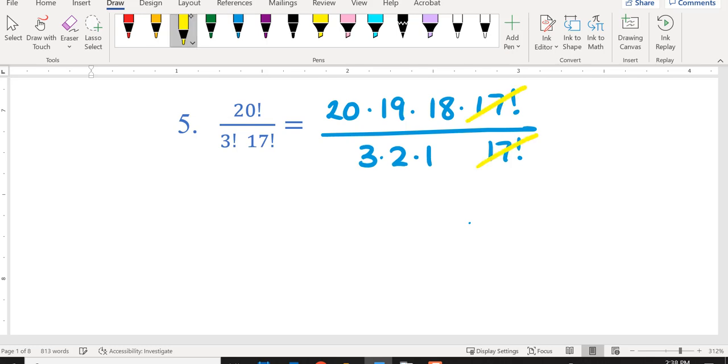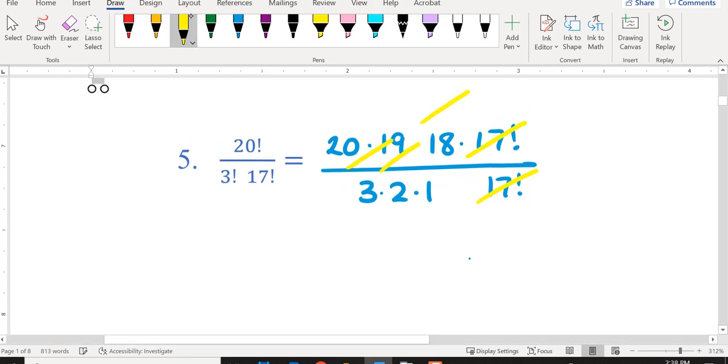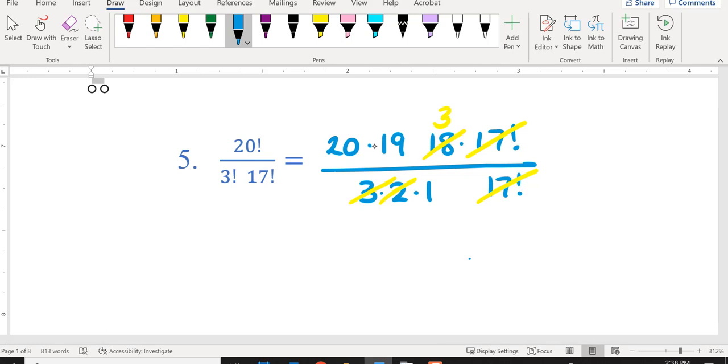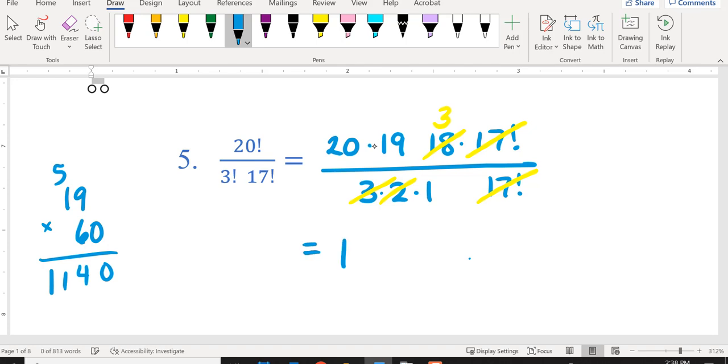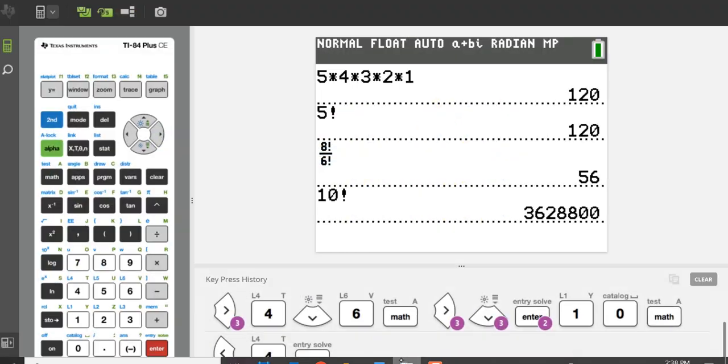The 17 factorials are gone. 3 times 2 is 6. 6 will go into 18 3 times. So I really have 20 times 19 times 3. Well, that's 19 times 60, which is 1,140.